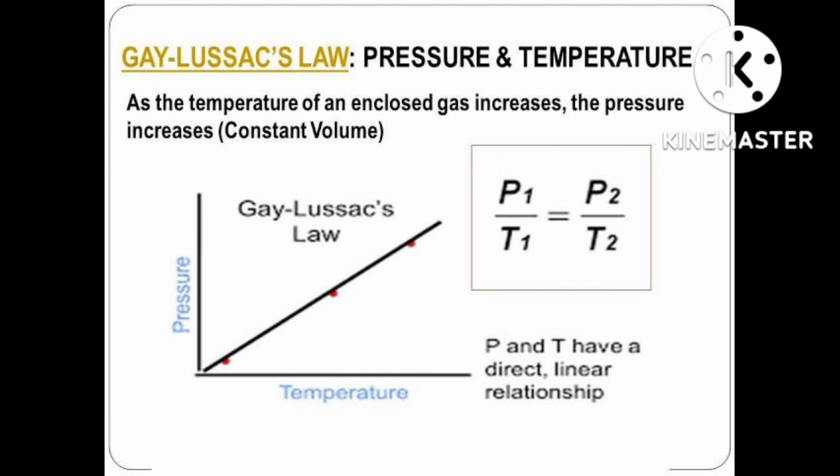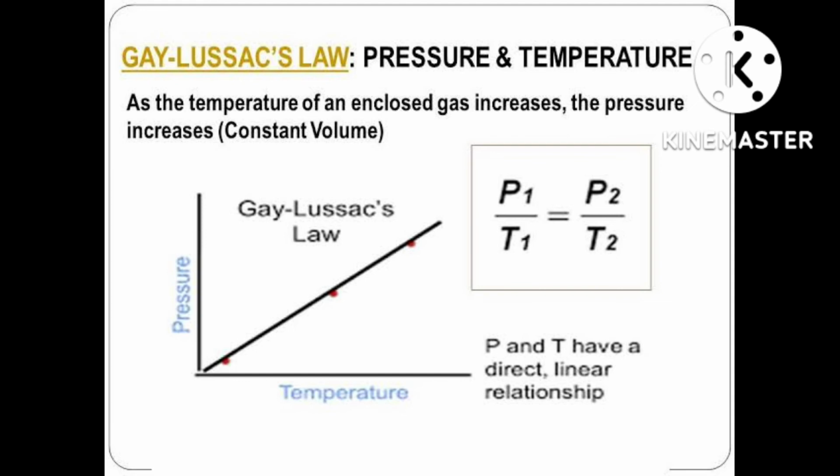Gay-Lussac's law. It states that at constant volume, now you can see one by one: in Boyle's law, temperature was constant; in Charles' law, pressure was constant; now here volume is constant. And the given amount of gas is already constant in all cases.